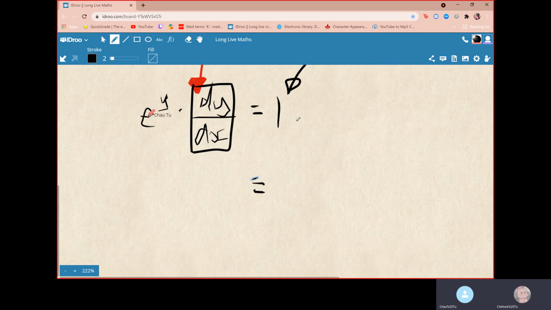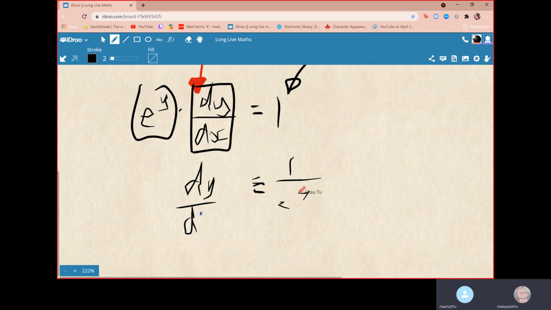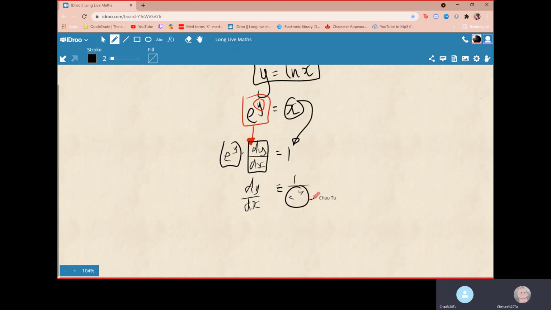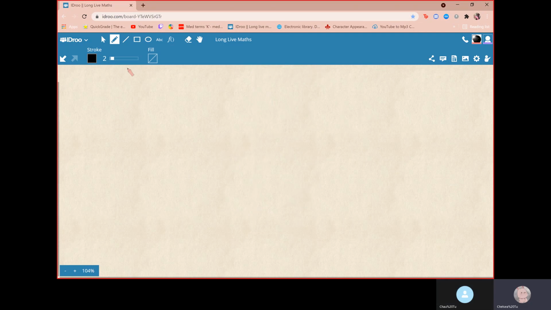So you divide: 1 over e to the power of y equals dy/dx. But we don't want the answer in terms of y, so that becomes 1 over x. If you go back here, you can see e to the power of y is x. That's why when you differentiate this, it gives you 1 over x. Okay, Chelsea? Okay, so now I remembered.